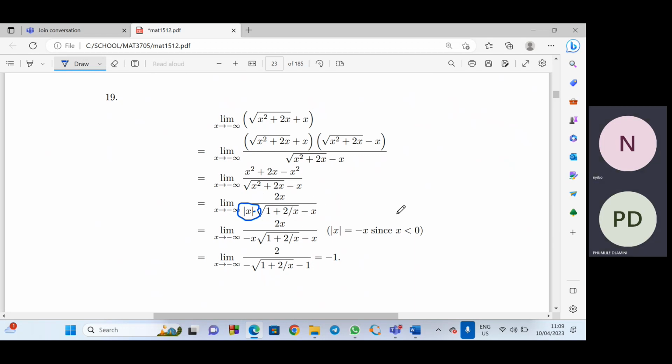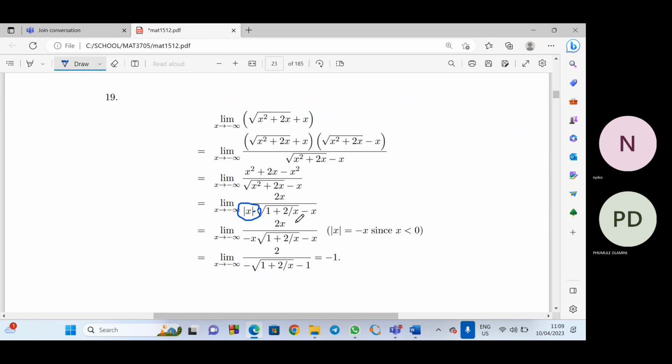So this absolute value that he introduced here, there is no cancellation of it. Somehow he made a mistake.